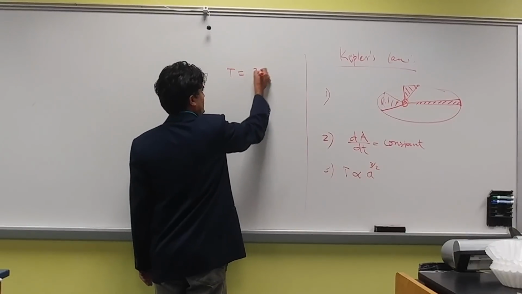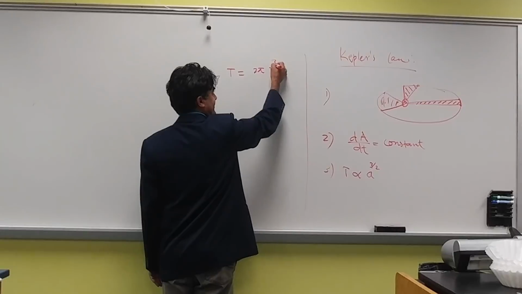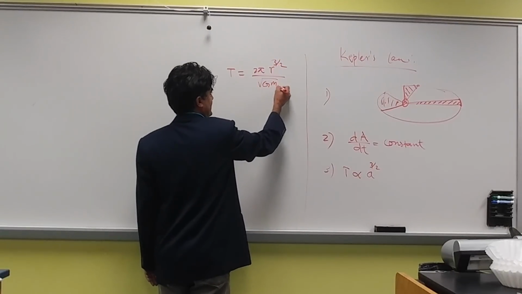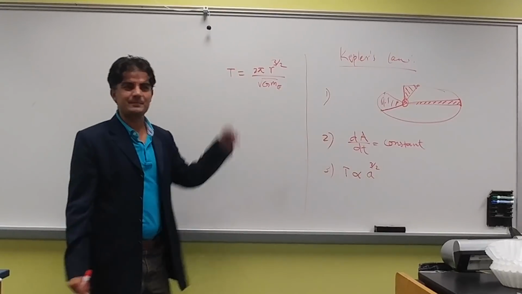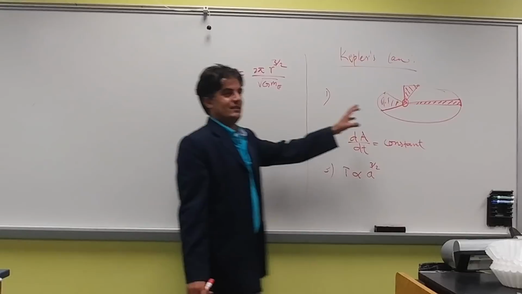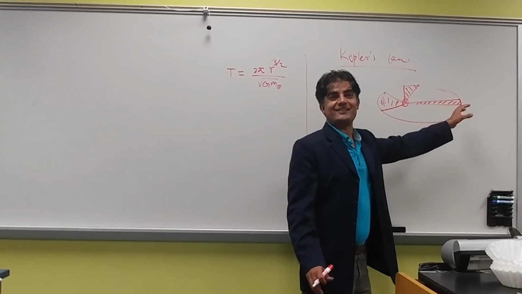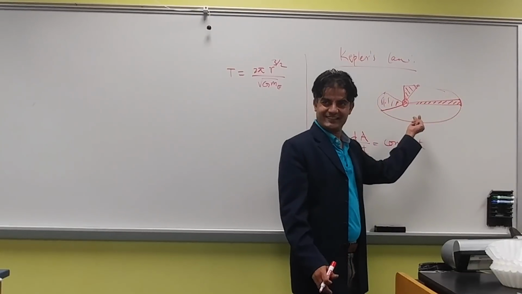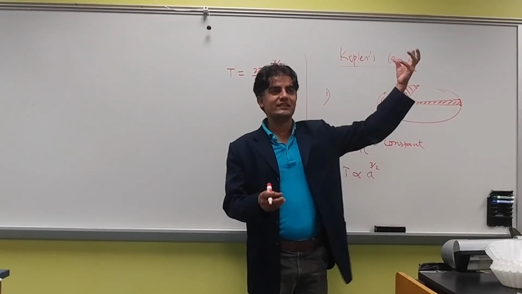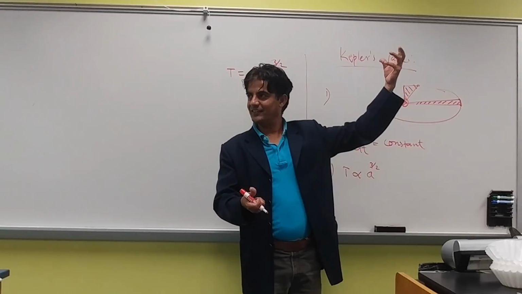It was 2 pi r to the 3/2 divided by square root of GM of the Earth, right? Same thing, because a planet is also like a satellite for the sun, just like the moon is a satellite for the earth.